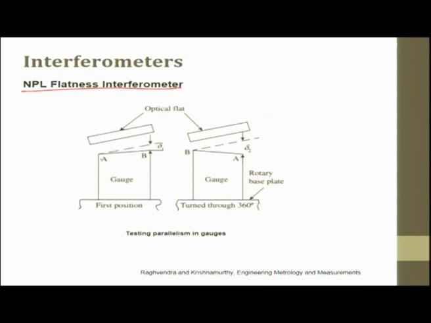The gauge is placed at an angle. You take the first position, then turn the gauge around and rotate the table, then place the gauge BA and measure the delta 2 using the same optical flat. If both the fringe patterns are the same, then these two are flat surfaces.